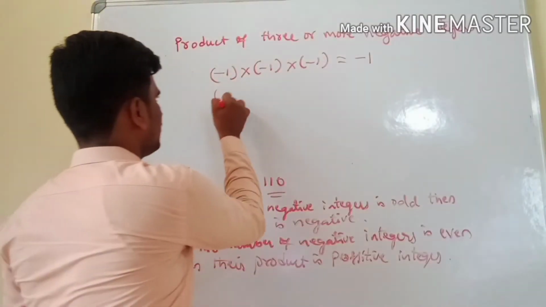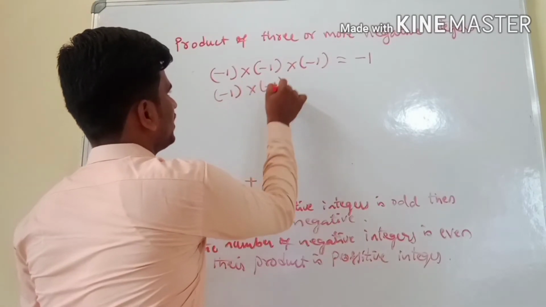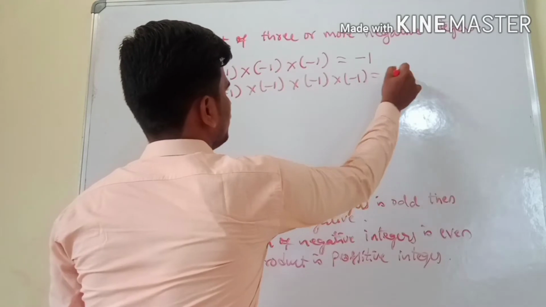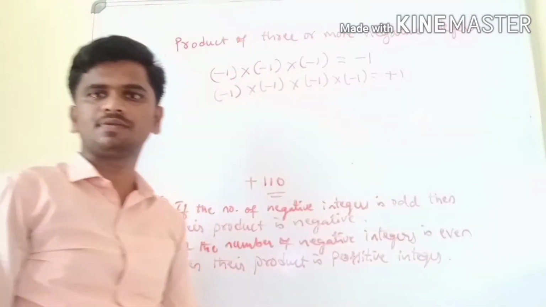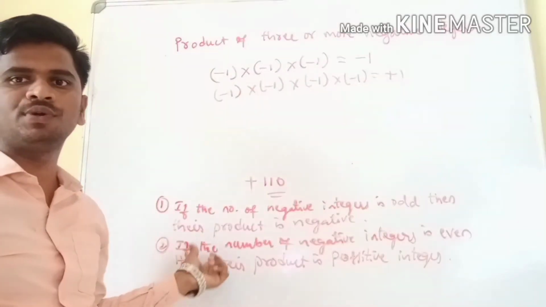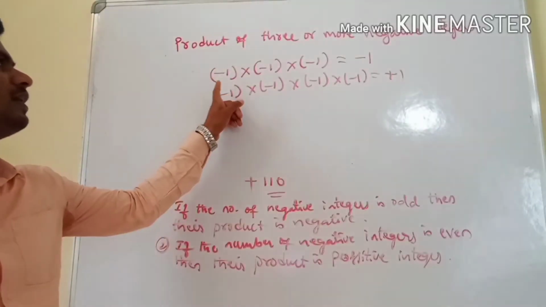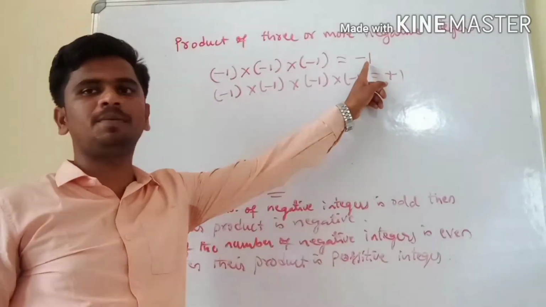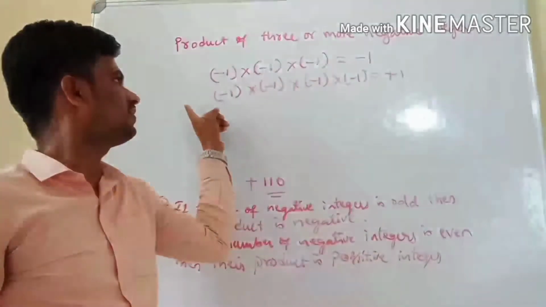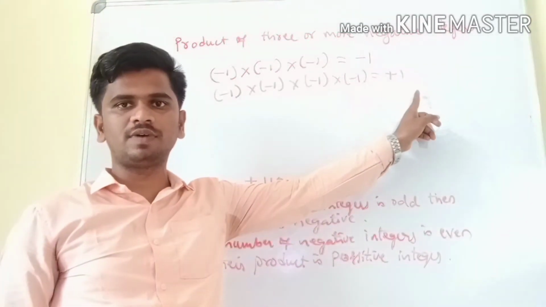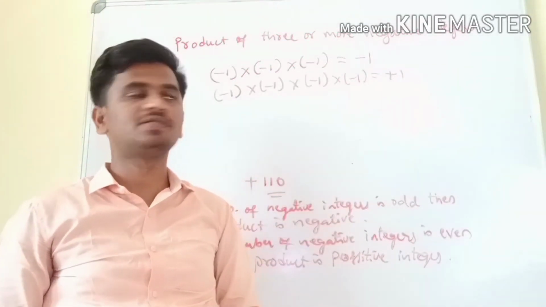If you consider 4 times, minus 1 into minus 1 into minus 1 into minus 1, its value will be plus 1. Is it correct? According to these two notes, if you multiply minus 1 an odd number of times, its value will be minus 1. If you consider minus 1 an even number of times, its value will be plus 1. This is a very important note.